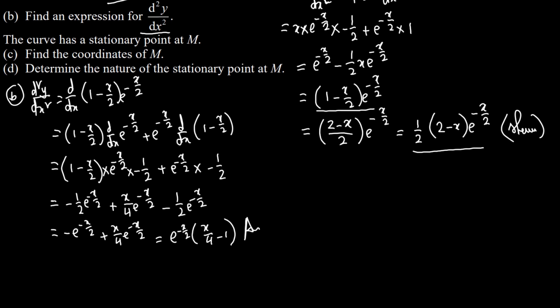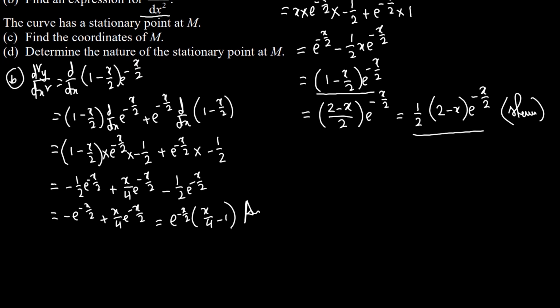It is written here, the curve has a stationary point at M, find the coordinates of M. To do that, we need to consider dy by dx equals 0, because for a stationary point, turning point, maximum point or minimum point, we have the same working.